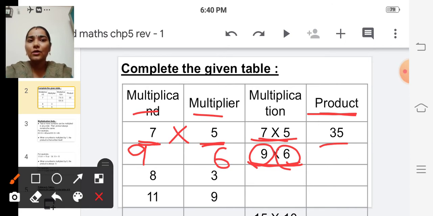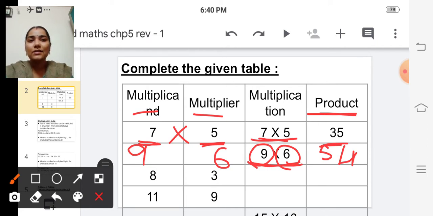Then what is the product? 9 6s are? Tell me. 9 6s are? 54, isn't it? So we have to write here 54. 9 6s are 54.